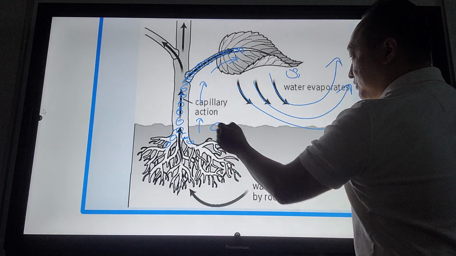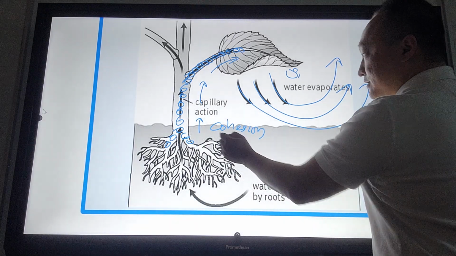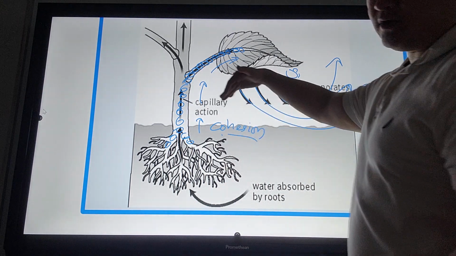Right, so that's the cohesion. That's the cohesion factor pulling water molecules upward.